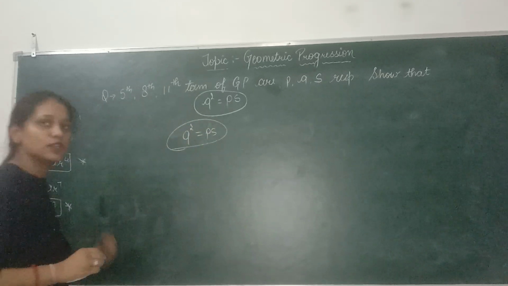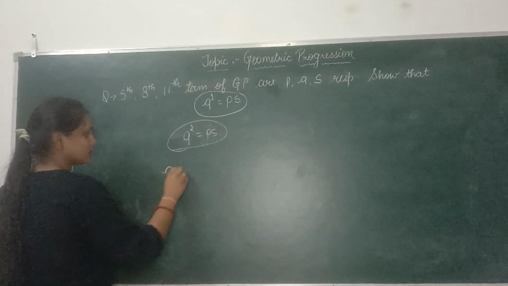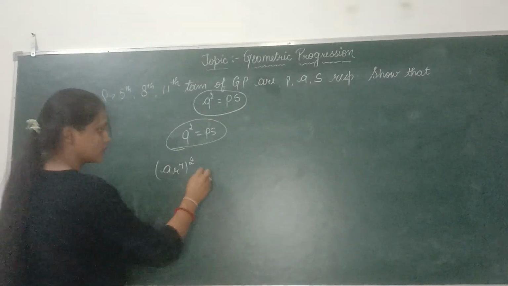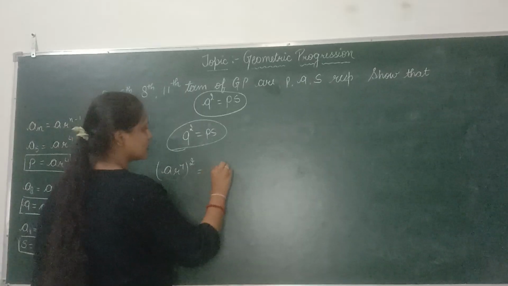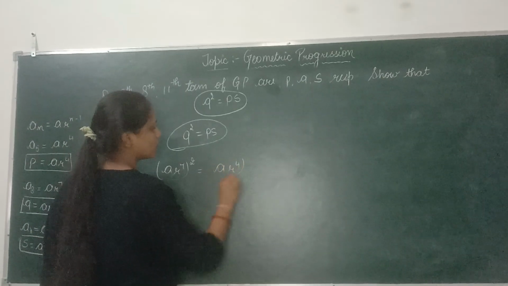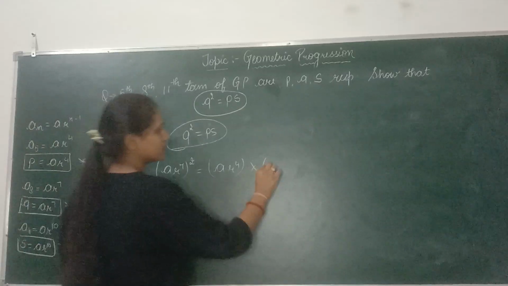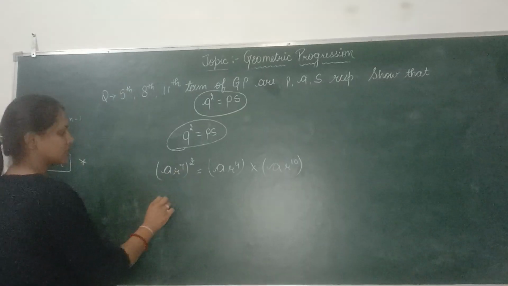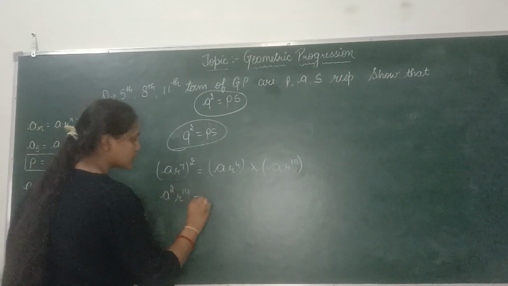By putting the values here, the value of Q is A R power 7, and in the relation we have to use its square. The value of P is A R power 4, multiplied by S, which is A R power 10. So by squaring, the left side will be A square R power 14.